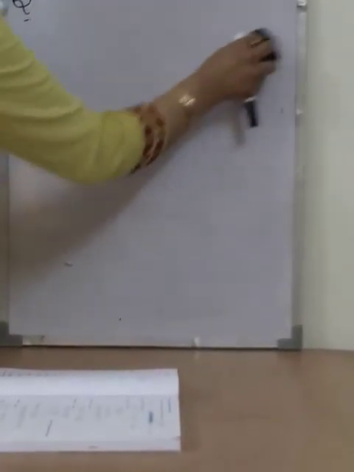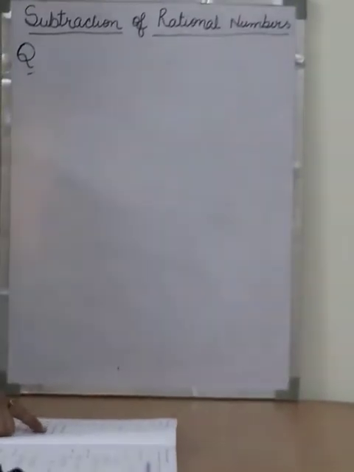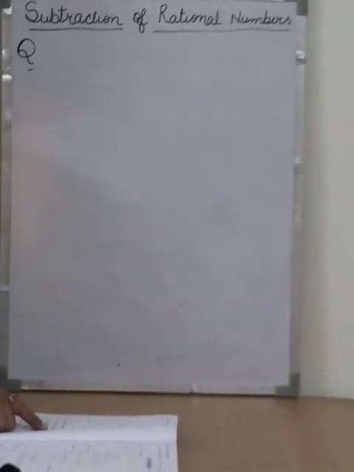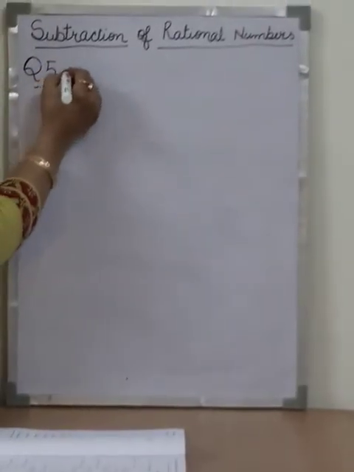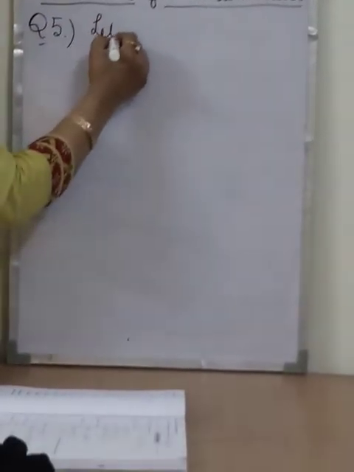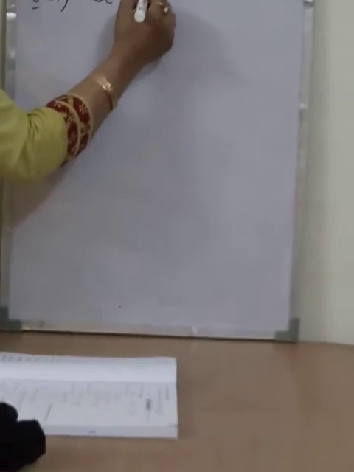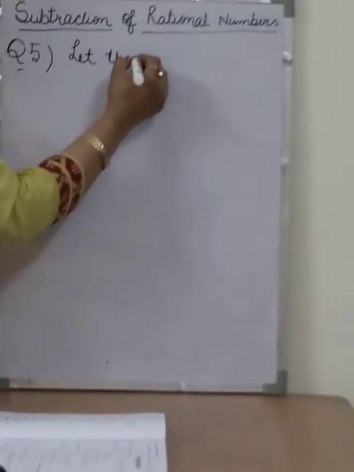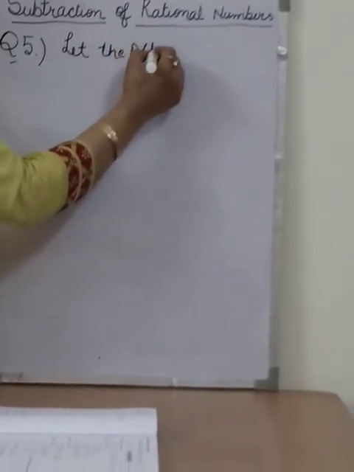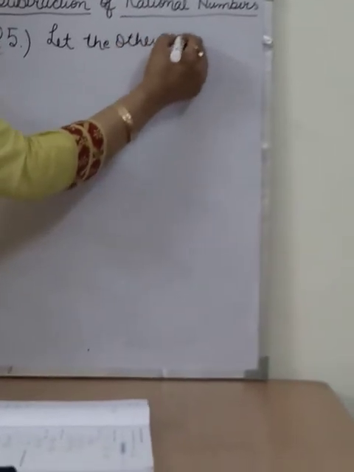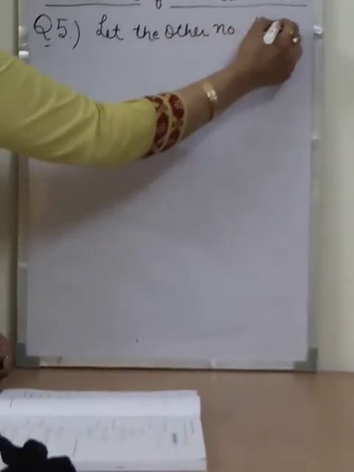Question number 5, what they are saying in question number 5: the sum of two rational numbers is minus 4. One of them is minus 3 by 5. Find the other. So let the other number be x.